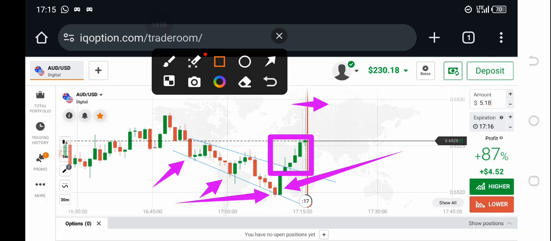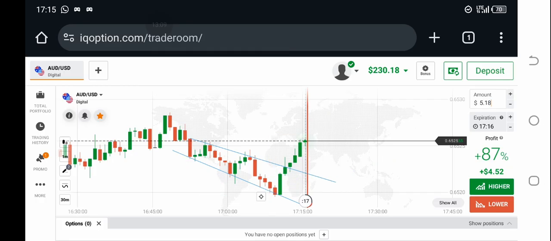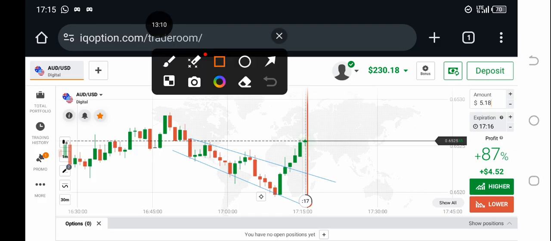So an engulfing candle is a candle that looks like this. You have a small candle and then you have a bigger candle like this. So this is an engulfing candle. The previous candle is small, the next candle is bigger. It completely overshadows the previous candle.